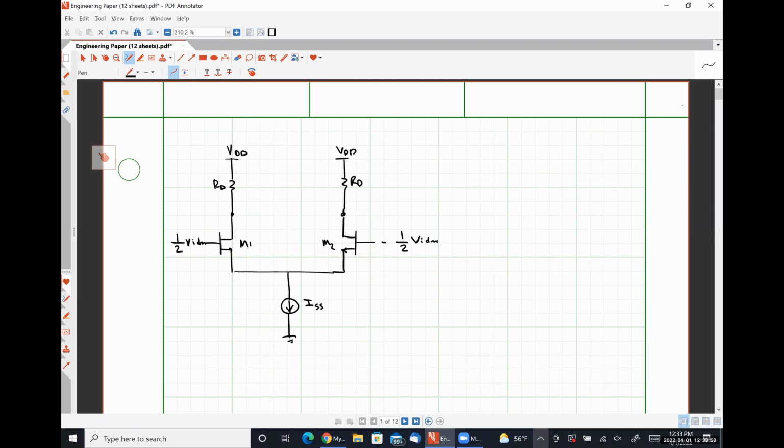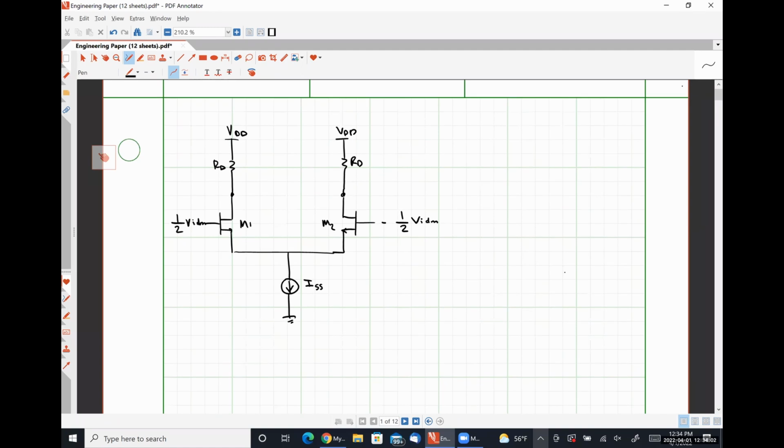VIDM here, if we look at the half circuit, that would be VDD with our resistor RD and 1/2 VIDM here.